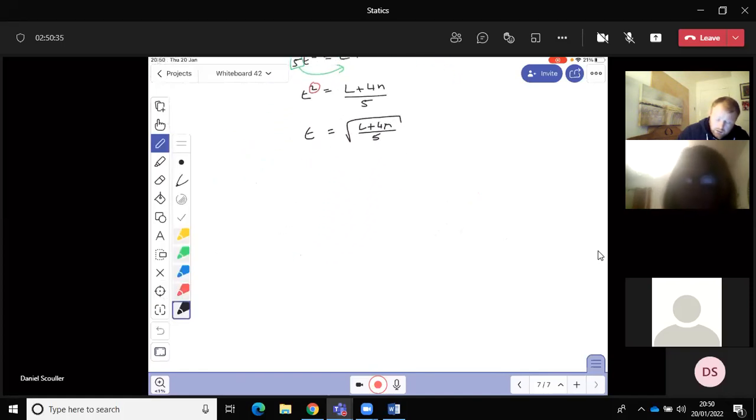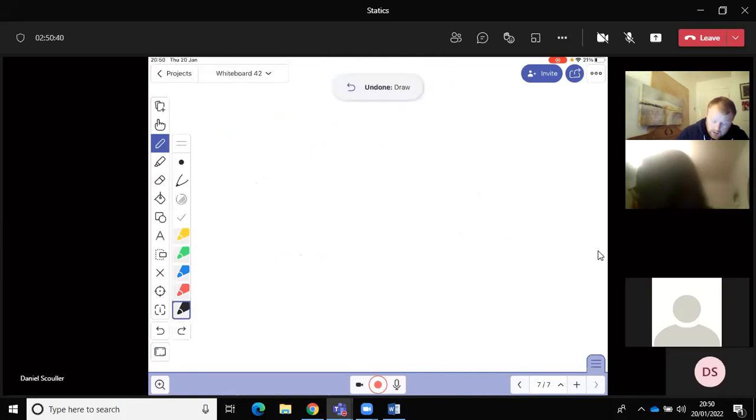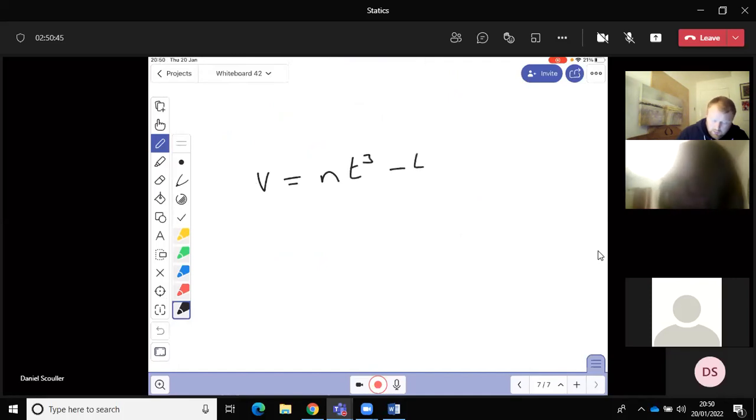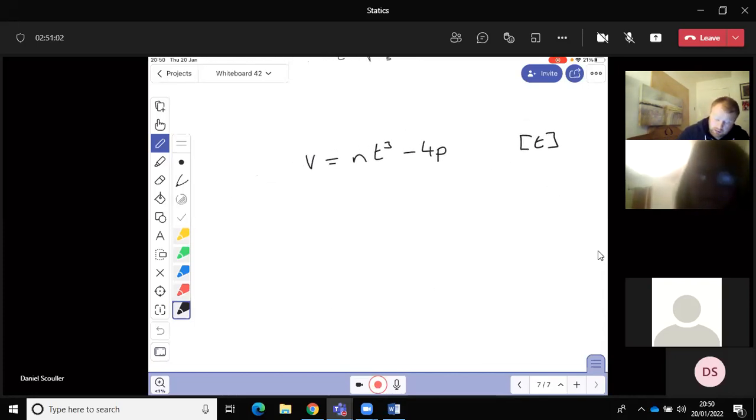Same with cubed root. Nothing changes with cubed root. So we had v equals nt cubed minus 4p. It's a bit similar, but we'll go with it. We want to be left with t, obviously. We follow the same practice, so nt cubed minus 4p, just so that we end up with a nice, neat expression.